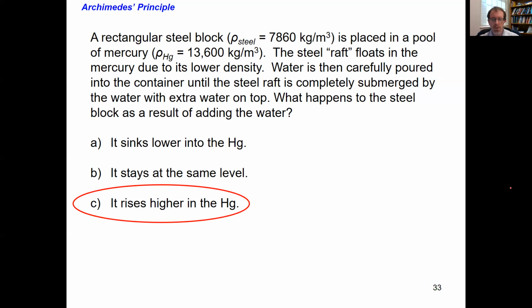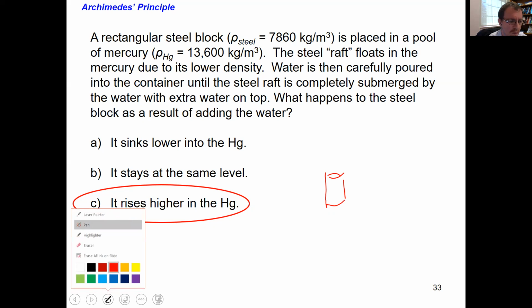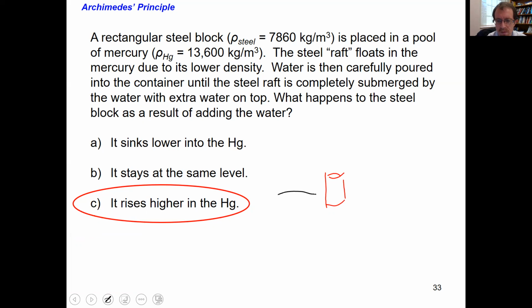Part of its bulk is also submerged in the water. So part of it is underneath the mercury, but it also has the rest of it underneath the water. That part right there is submerged by water. This part right here is submerged in mercury. So that steel plug is effectively displacing two different fluids.